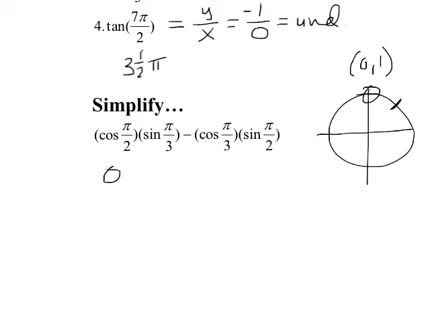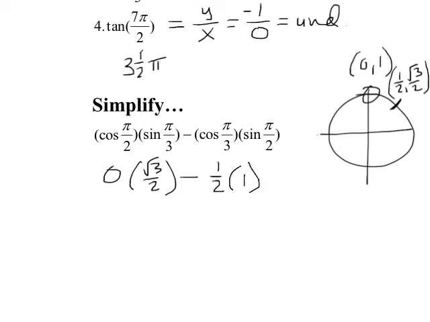Pi over 3 is over here, and the coordinates for that would be 1/2, root 3 over 2. Not that we care, because 0 is going to cancel it out, but the sine of pi over 3 would be root 3 over 2, minus the cosine of pi over 3, which would be the x-coordinate of this spot, which should be 1/2, and the sine of pi over 2 up here, which should be 1.